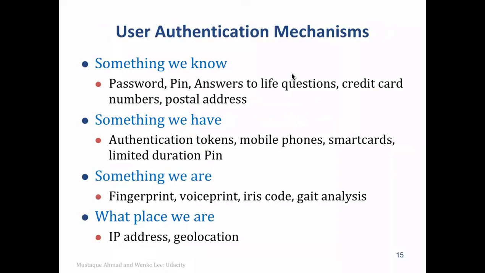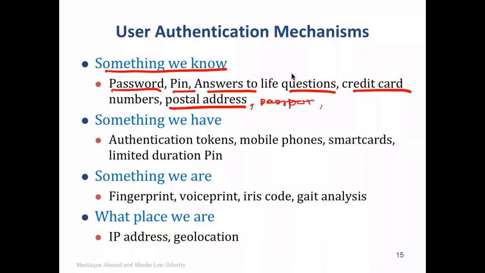Okay, so there are a number of ways for authentication. Some of these we have already discussed. Something we know: a password, PIN, answers to life questions, credit card numbers, postal address, etc. Or the passport number, Aadhaar card, etc. Something that we have, like authentication tokens, or the mobile phone itself, or smart cards, or limited-duration PINs, and so on, that we receive or we have.